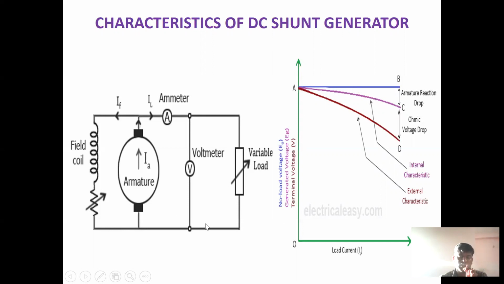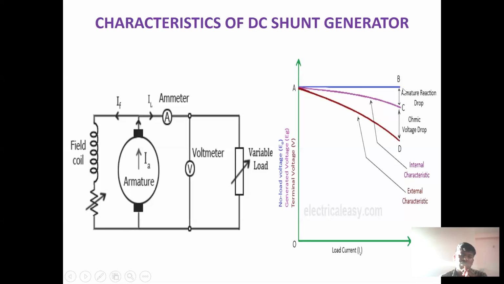After that, the armature develops the EMF, so it builds up the EMF. During the building of EMF there is some armature reaction, which is the demagnetization effect. Due to the demagnetization effect, there is some armature reaction drop.